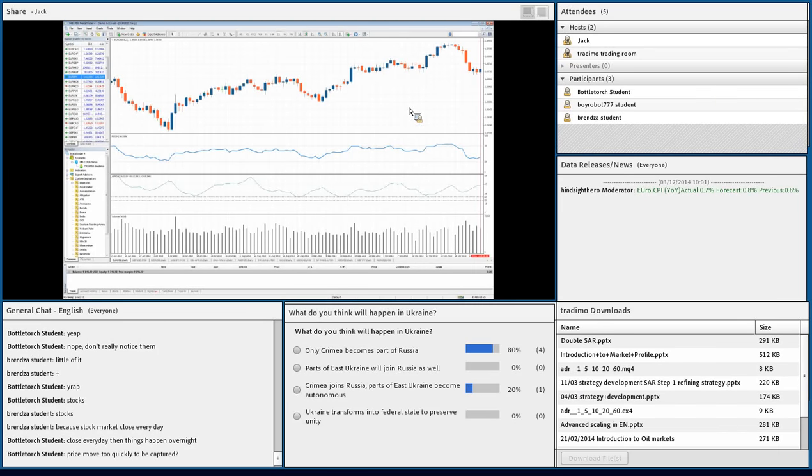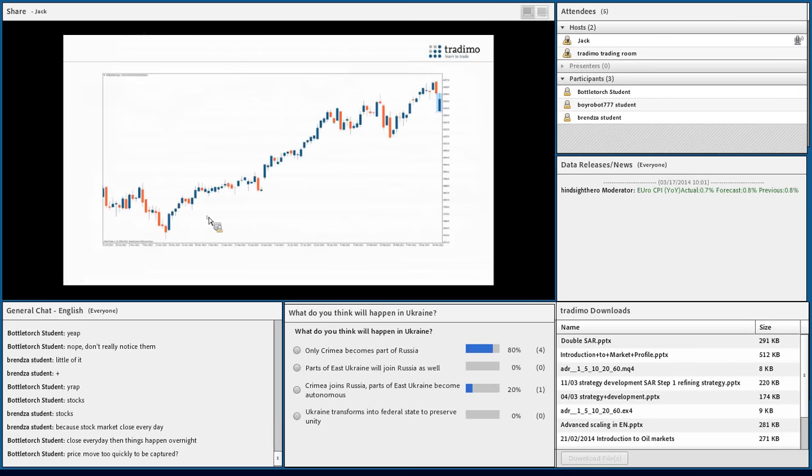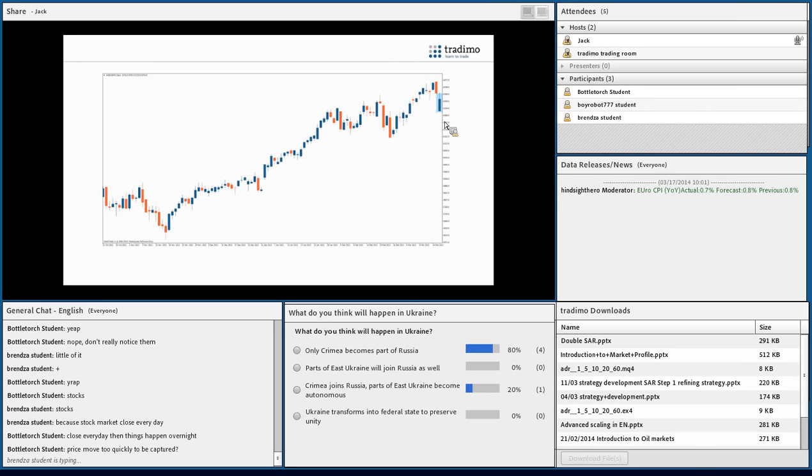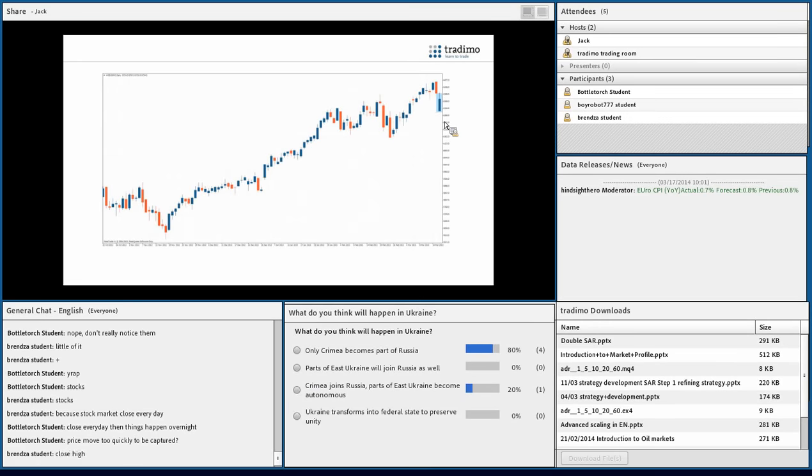But there are a few different types of gaps. We can see that one has been filled here. What is this gap known as, guys? What sort of gap is this in the market, would you say? Is it a high-low gap, or is it an open-close gap? A close high, absolutely.